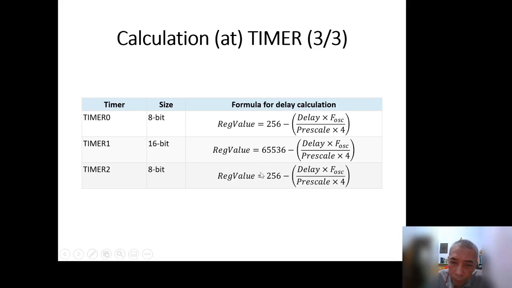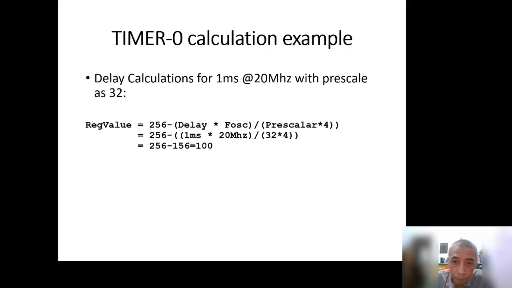Timer 2 is also 256 minus delay multiplied by the oscillator frequency divided by prescaler multiplied by 4. You don't have to calculate manually, because there is software that can be used to calculate the timer for the PIC microcontroller.